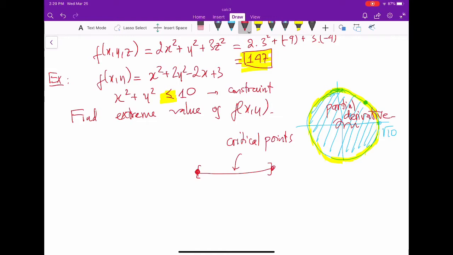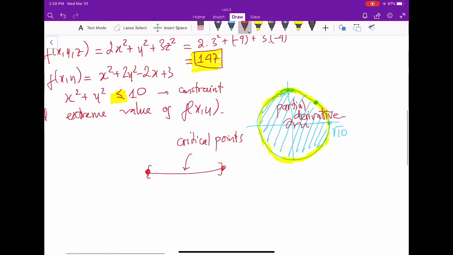But if you consider a function of more than one variable, there's no way to calculate the function values at all points on the boundary. Make sense? So that's why we need Lagrange multipliers. And once you have the Lagrange multiplier method and you know the critical points, you just need to compare function values.